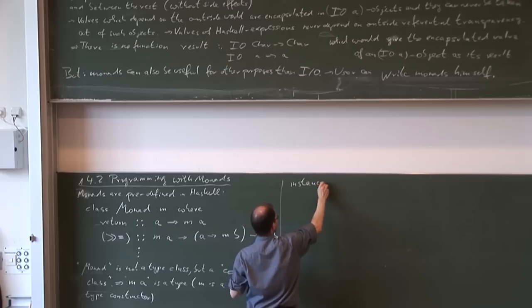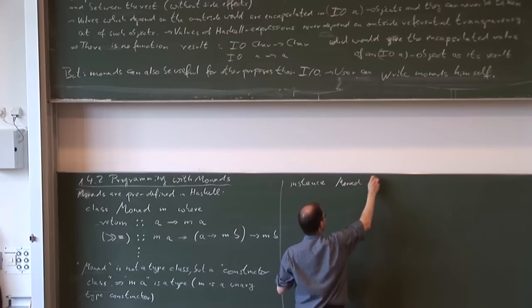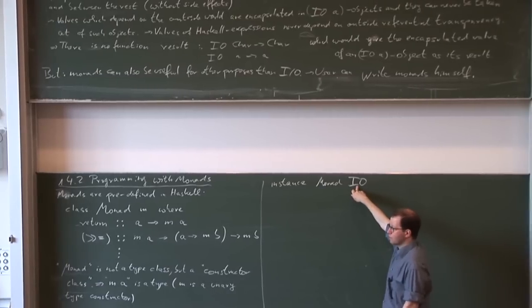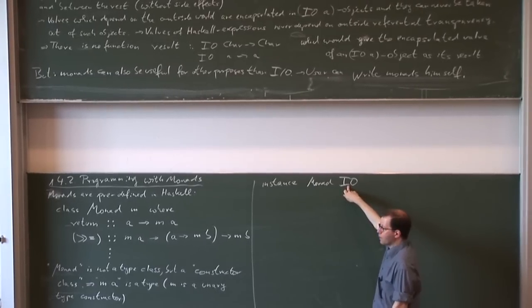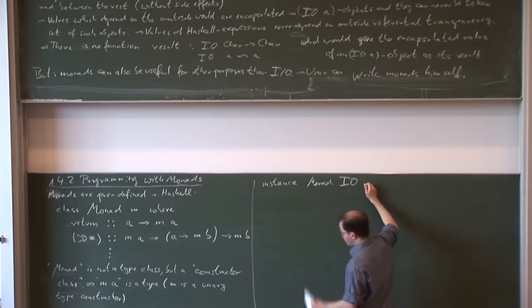Again, the following declaration is predefined, which says that this type constructor I/O, which is a unary type constructor, so I/O character is a type, I/O int is a type. I/O waits for a type and gives you a new type back. So I/O is an instance of this class.